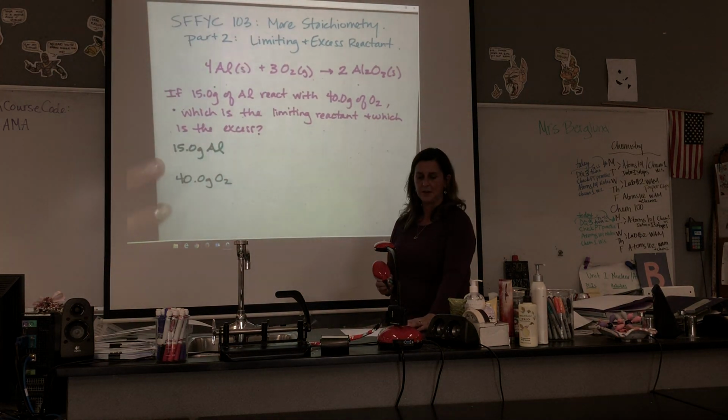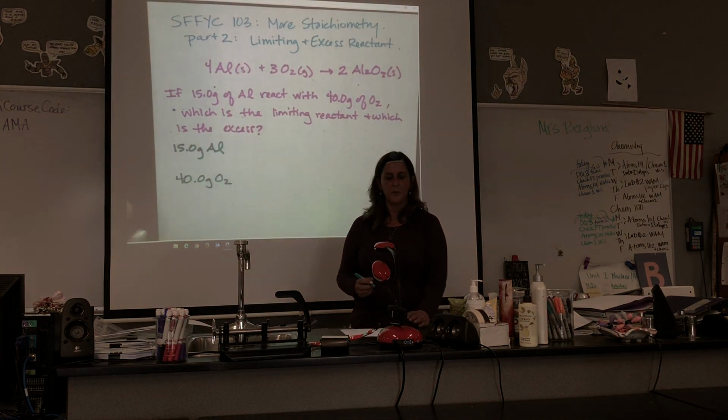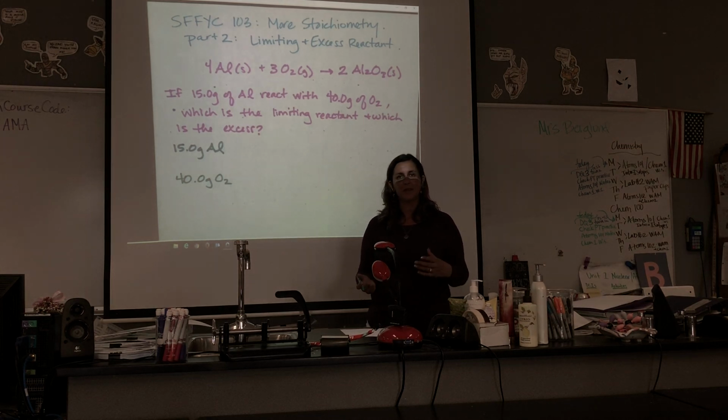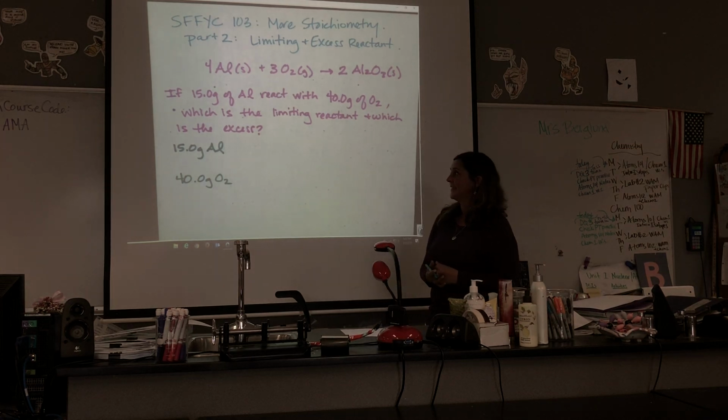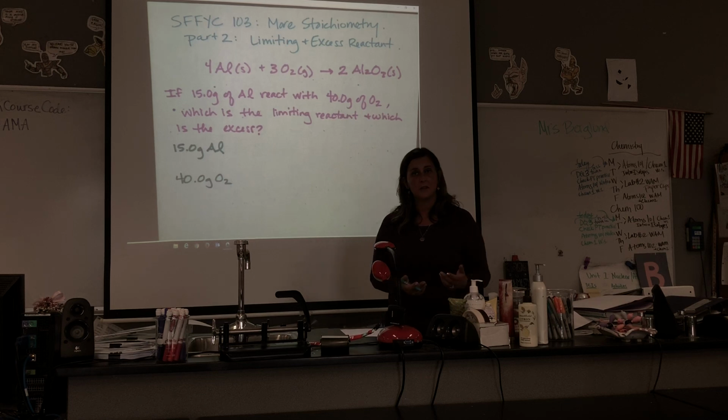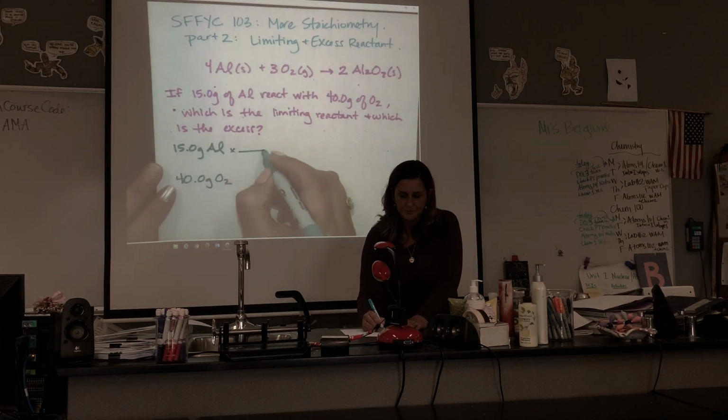This is what we're starting with. We can't compare grams to grams because each of them has a different molar mass, so what we're going to do first is convert to moles.